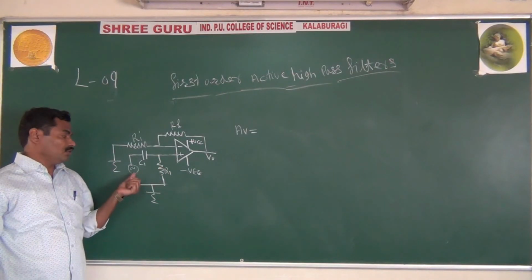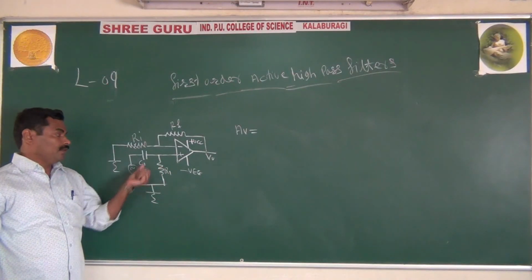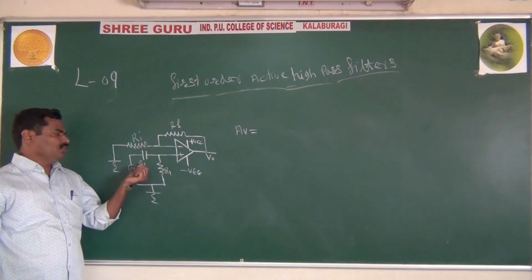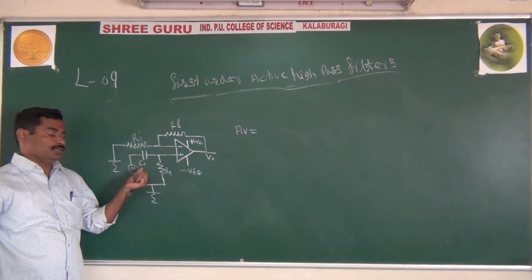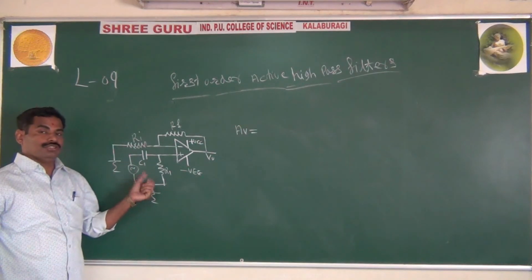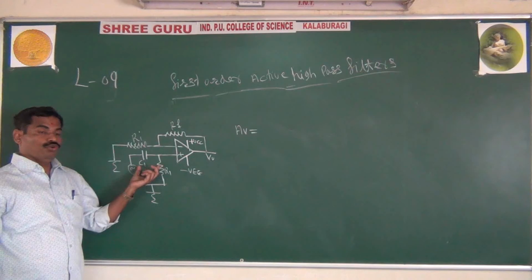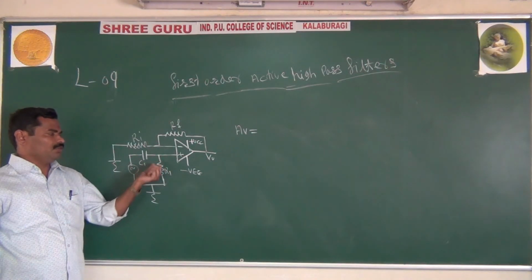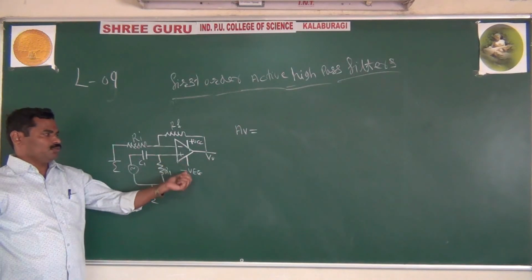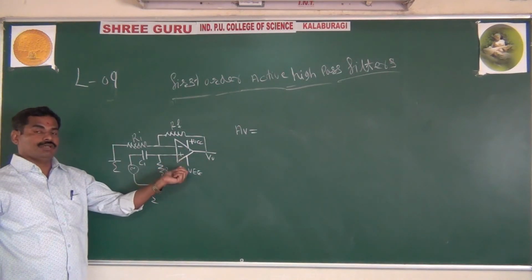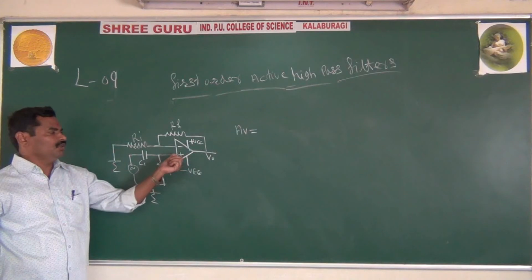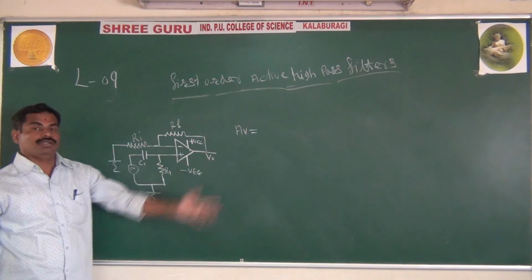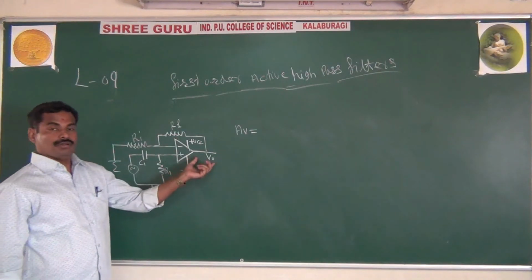Or you can say, with respect to the input, the capacitor is in series and the resistor is in parallel. And because of the property of the high pass filter, it allows only high frequencies and attenuates the low frequency signals. Whatever the output of your high pass filter is, that output acts as the input for the non-inverting terminal of your operational amplifier, and this signal is once again amplified at the output of the operational amplifier.